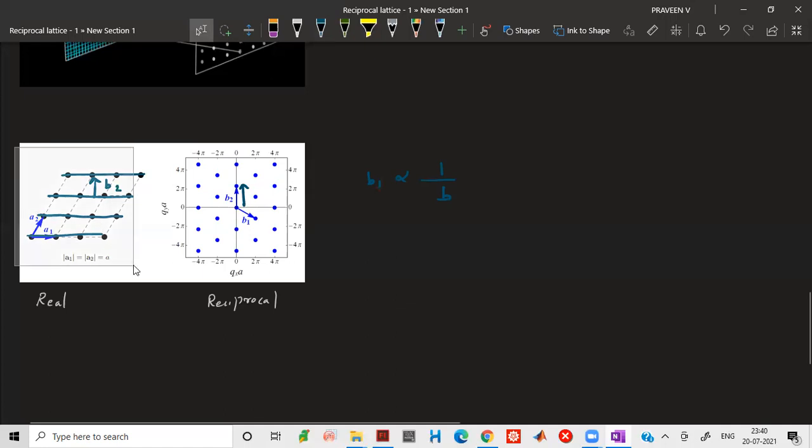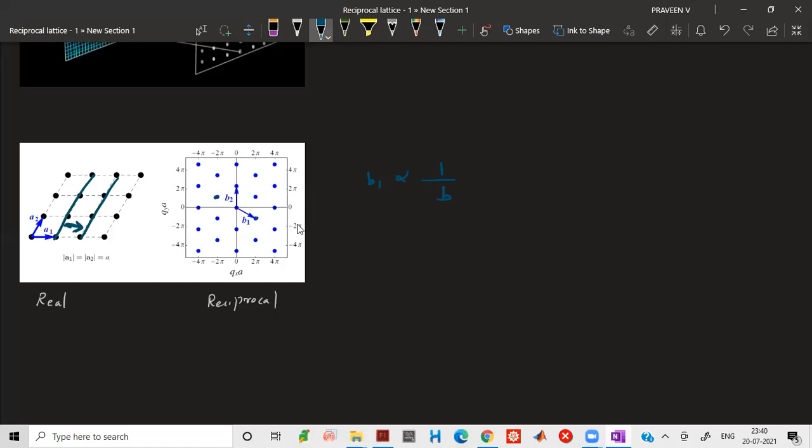Okay. This is the case with any other separation vector as well. Let's say we are considering the separation vector A1. The planes will be running like this, and these planes will be parallel to A2, as you can see. And these reciprocal lattice vectors for A1, this B1, these points will be perpendicular to the planes.